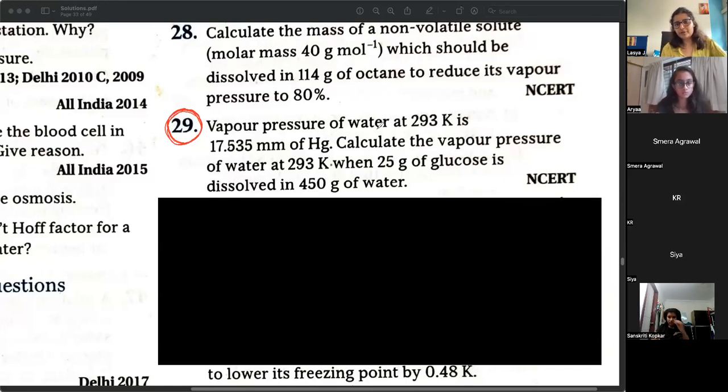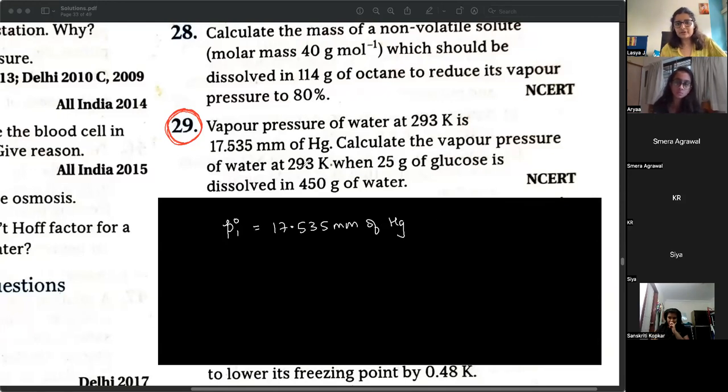The vapor pressure of water at 293 Kelvin is 17.535 mm of Hg. So you're given P naught of water as 17.535 mm Hg.